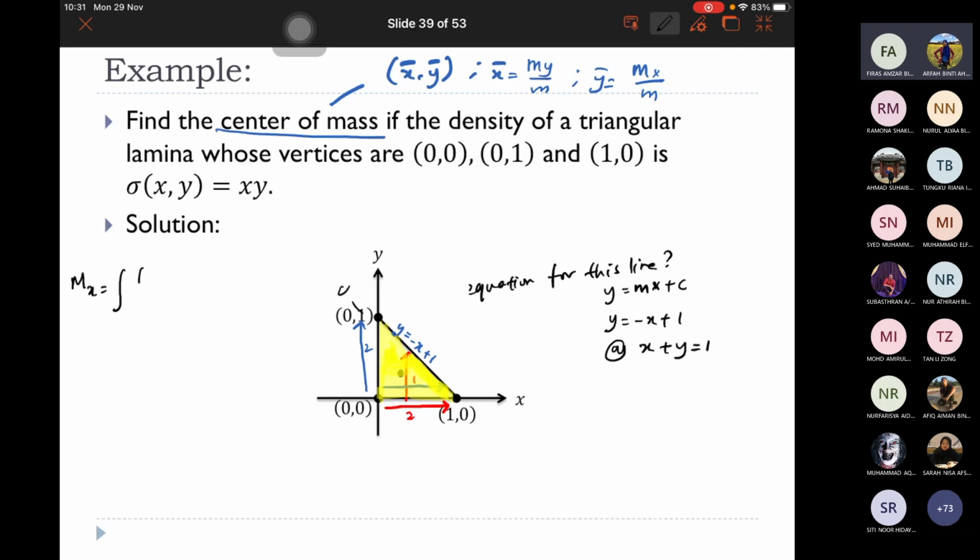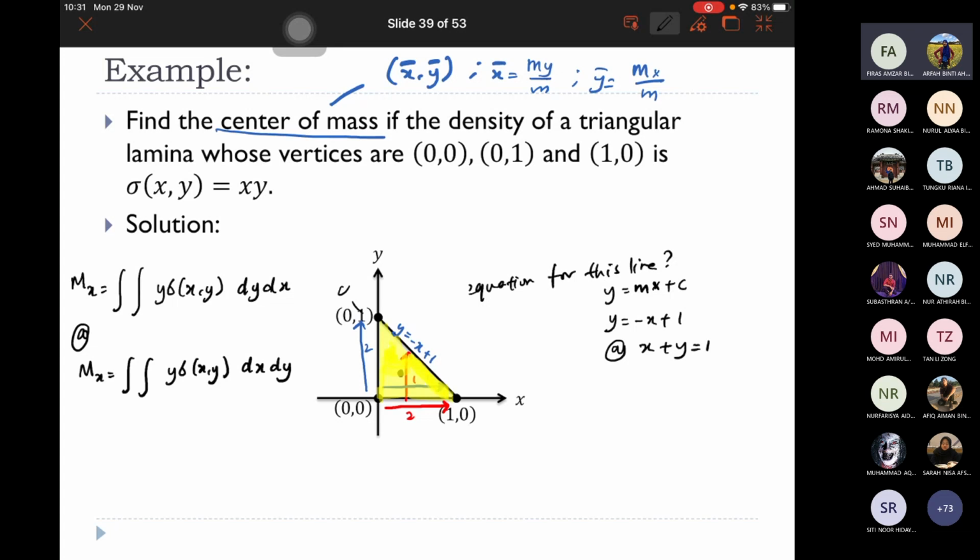So cuba dapatkan dia punya region. Katakan saya nak Mx, y darab sigma xy dy dx, dan lagi satu saya nak dapatkan Mx sama dengan integration daripada y sigma xy dx dy.